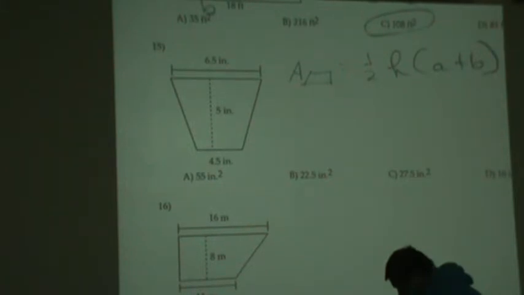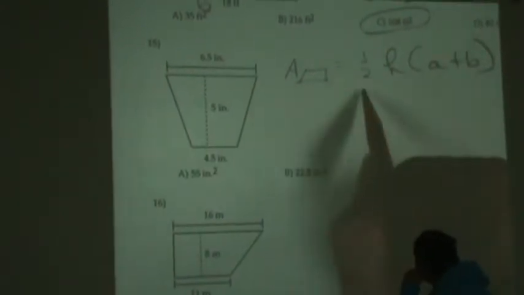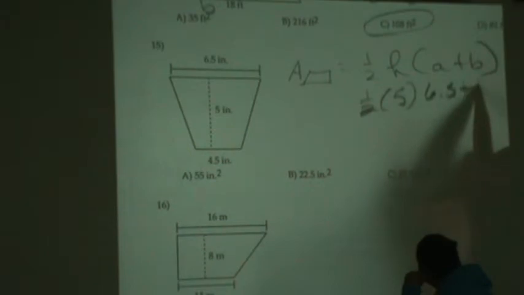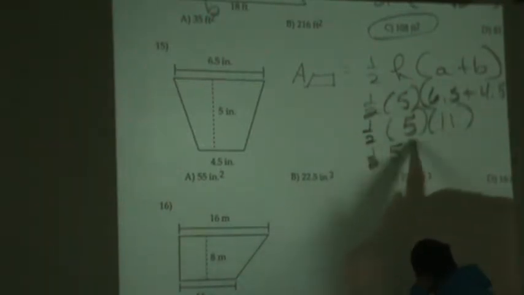Okay, what'd y'all get? 1/2, 5 times 6.5 plus 4.5. So 1/2 of 55, which is what? 27.5 square inches. Right?